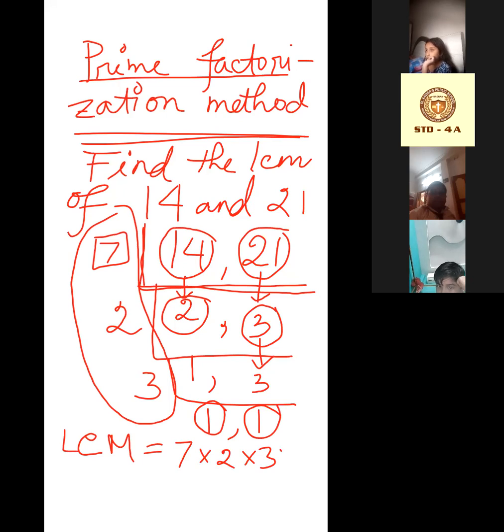You can take, or suppose you want to take up to this, then also correct. So 7 2s are 14 and 14 3s are 42. So the answer is LCM 42.